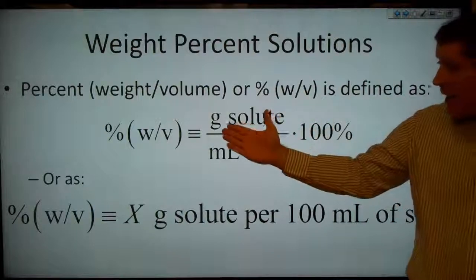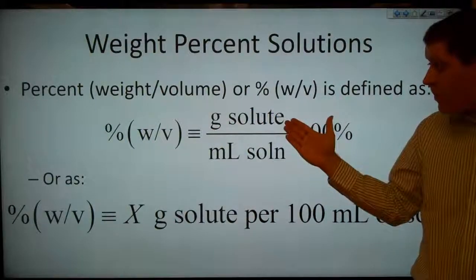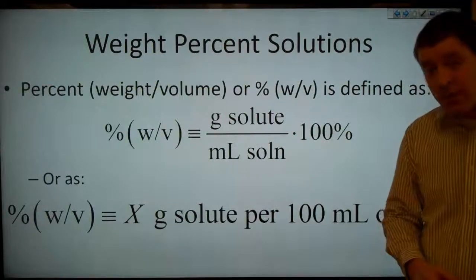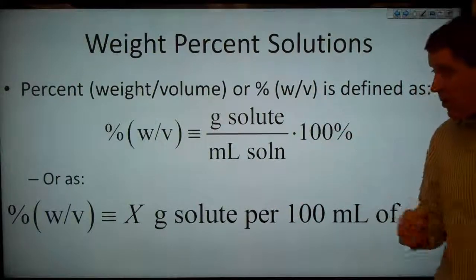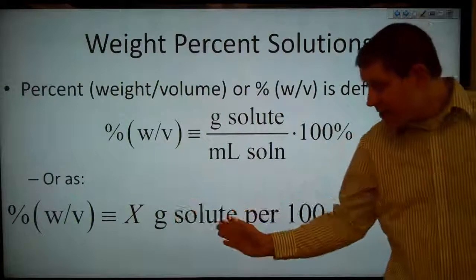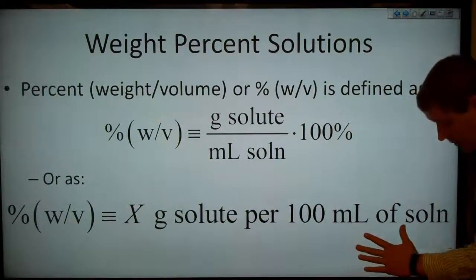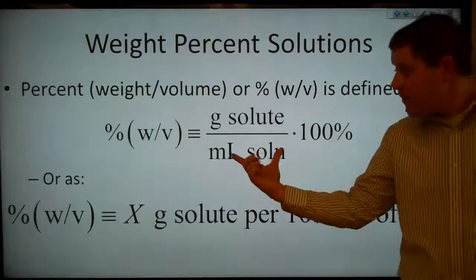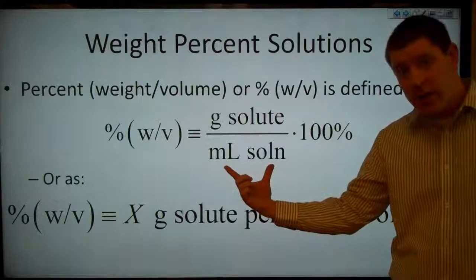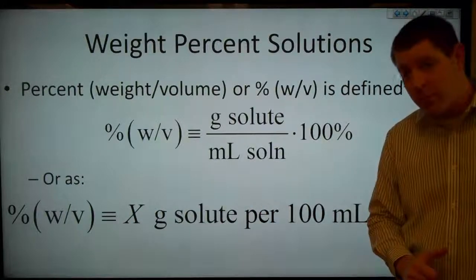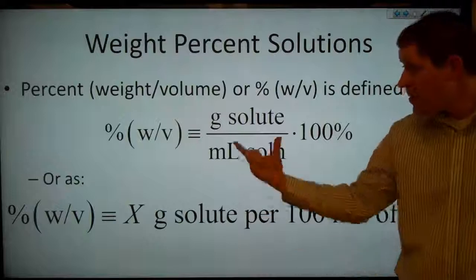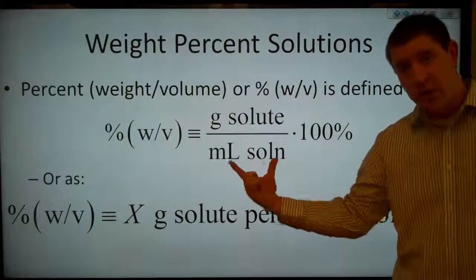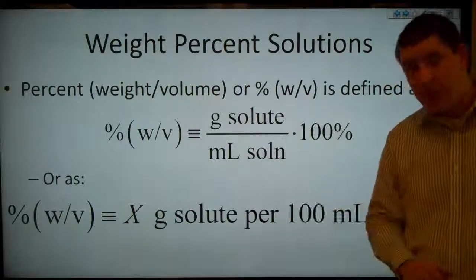And this is defined as percent weight by volume is equal to mass of solute divided by volume of solution, so grams of solute divided by milliliters of solution, times 100%, or as X grams of solute per 100 milliliters of solution. And so the assumption here is that your density for solution is approximately 1.0 gram per milliliter, and that means that you have mass of solute divided by mass of solution, because as long as you have a dilute solution, that approximation holds.